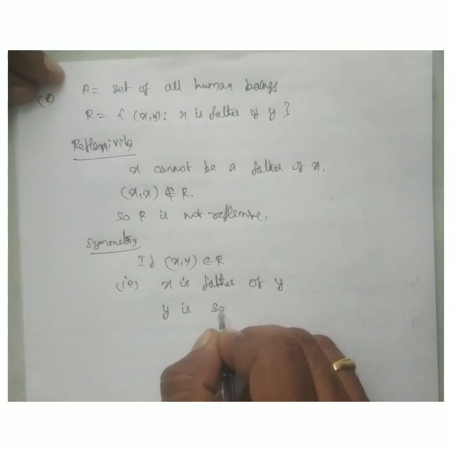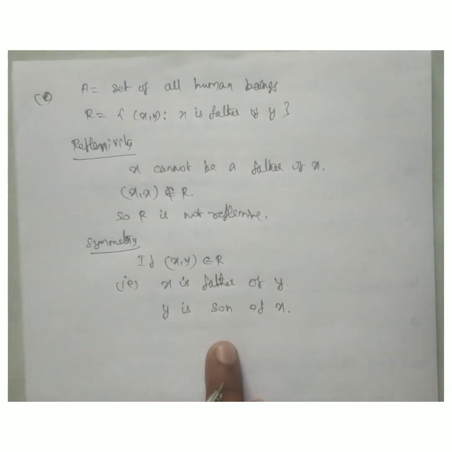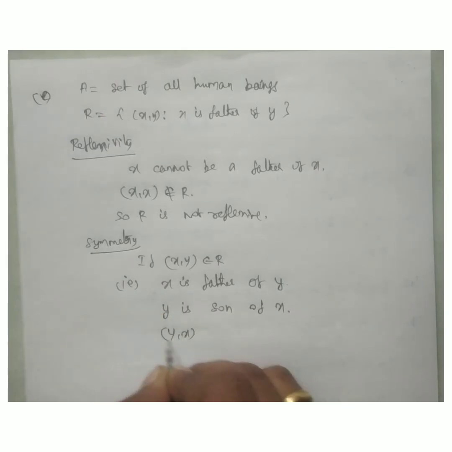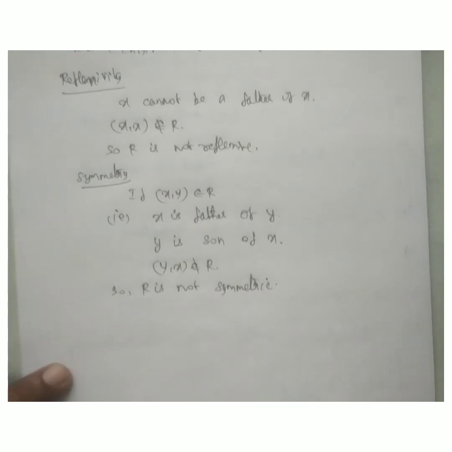Y is son of X, it should not be a father. So clearly (Y, X) does not belong to R. So R is not symmetric. Clear?